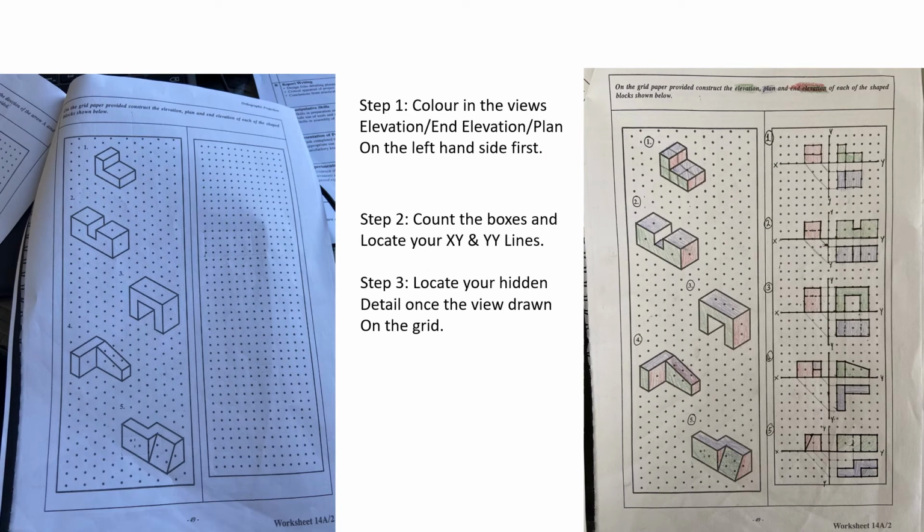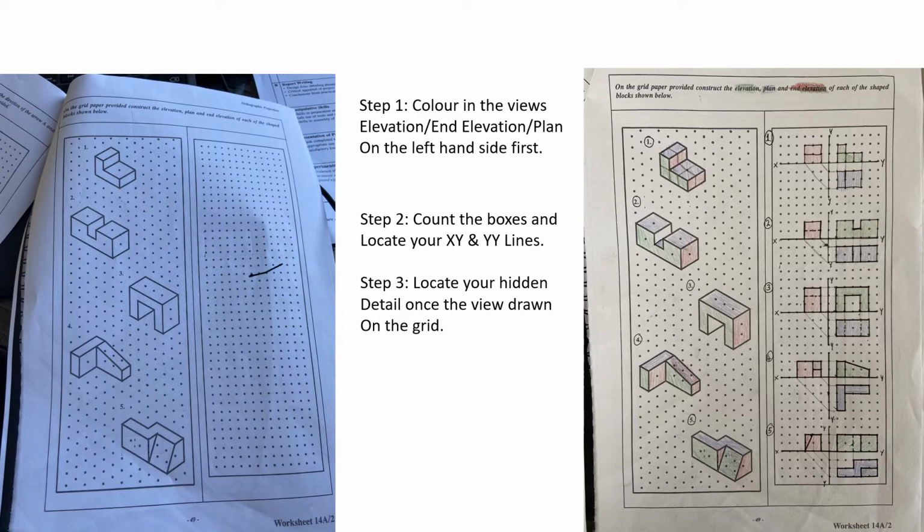On to the second sheet, which was a little bit more difficult. On the grid paper provided, construct the elevation, plan and end elevation of each of the shapes of the blocks below. Again, the solutions are on the right hand side of this slide, and the question is on the left hand side.